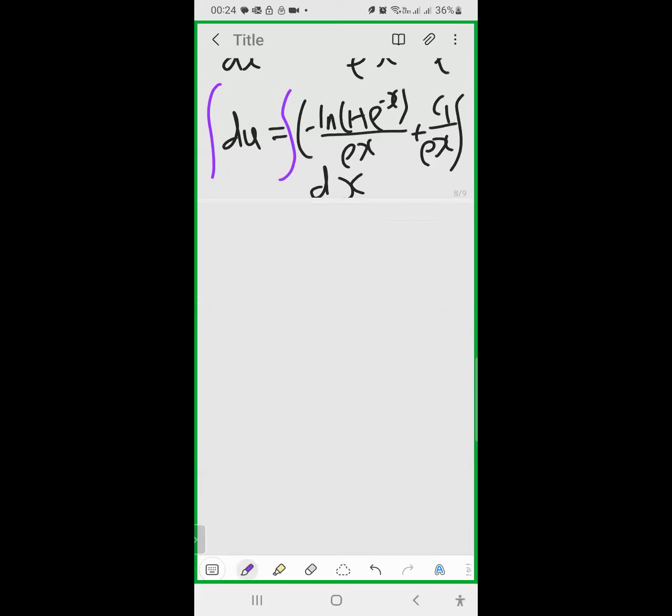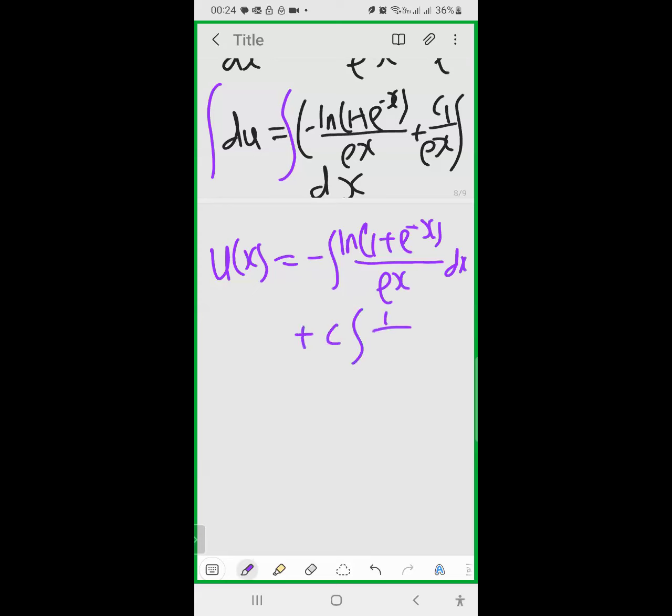Therefore, on this side we're going to have u of x equal to minus the integral of ln of 1 plus e to the power minus x, close bracket, divided by e to the power x dx, and then plus c1 times the integral of 1 over e to the power x dx.